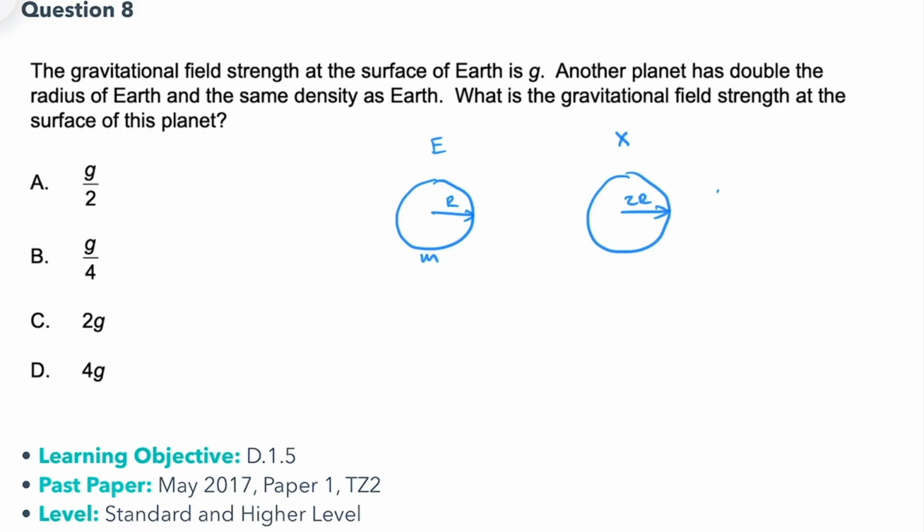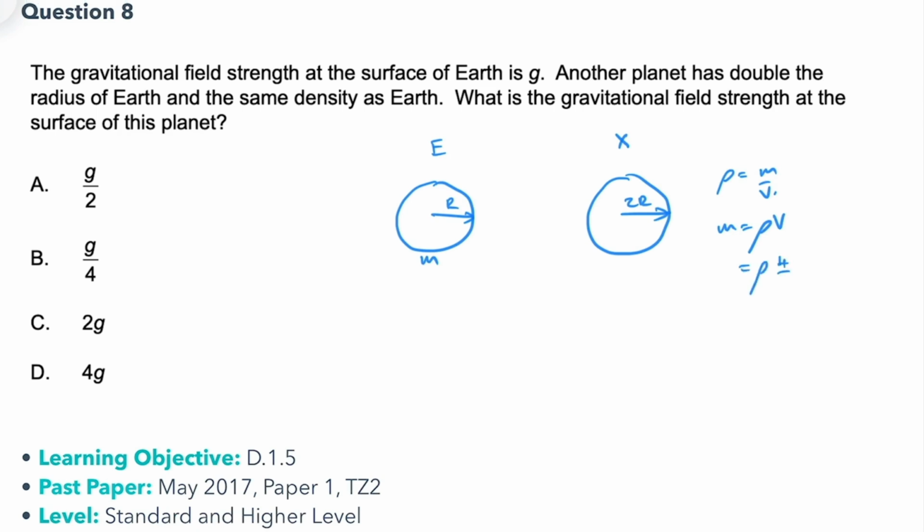So density equals mass over volume. Mass is equal to density times volume. Well, we can work out the volume of this sphere. Density times 4 over 3 pi r cubed. That's the volume of a sphere. But r isn't just r, it's 2r.